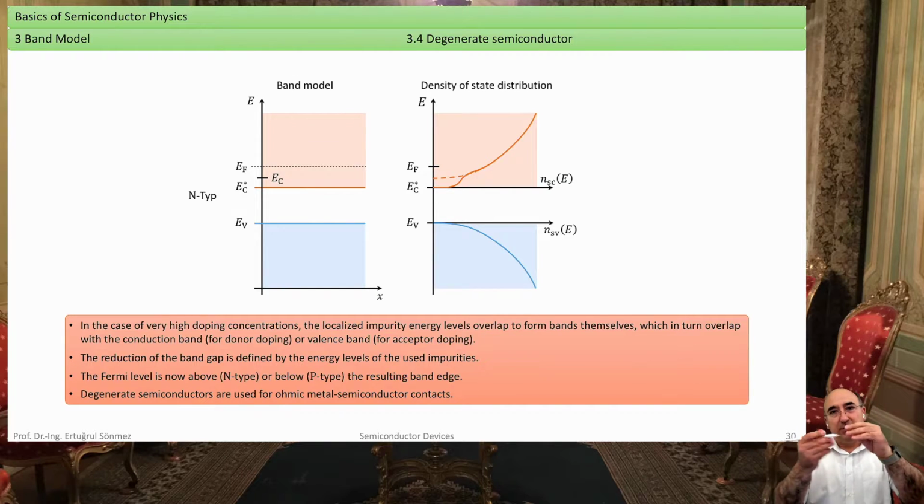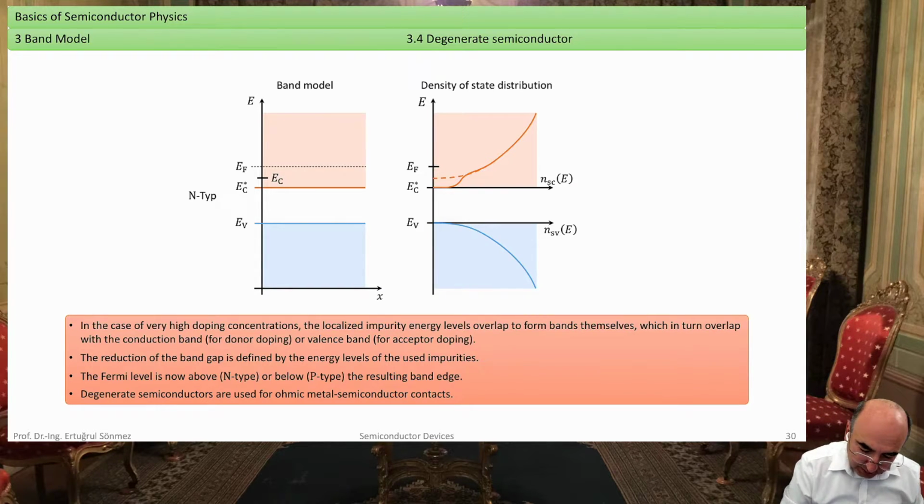In the semiconductor, if the Fermi level is below the conduction band, you see the Fermi Dirac statistics. If you go to zero temperature, you have no probability of electrons in the conduction band. So the semiconductor is isolating. If you want to have a semi-metal, you have to increase the doping level so that the Fermi level is above the conduction band, the new conduction band.